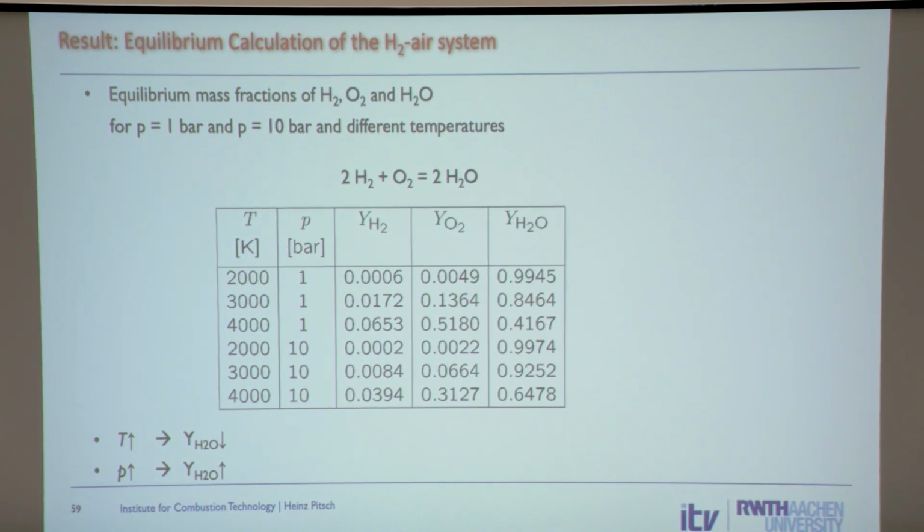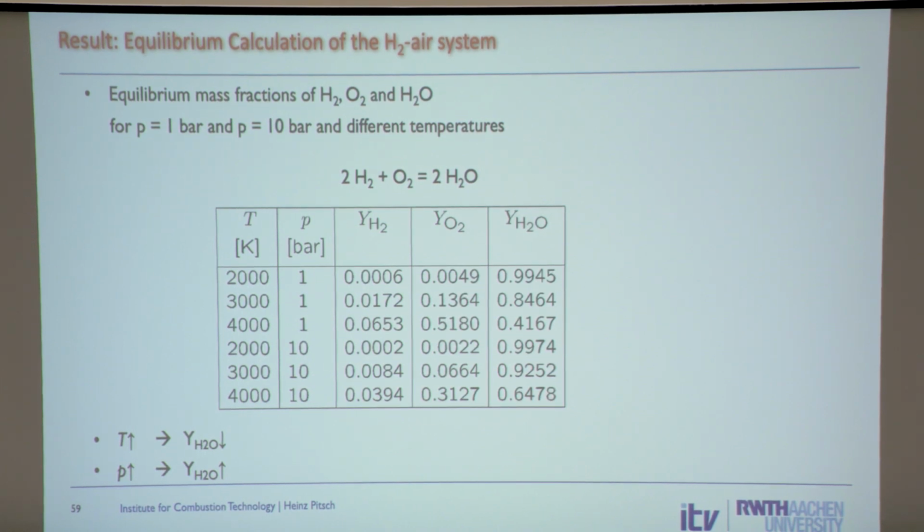Almost complete conversion. The equilibrium constant is very high, okay? But if you then go to higher temperatures, 3,000, 4,000 Kelvin, it gets much, much less, okay?